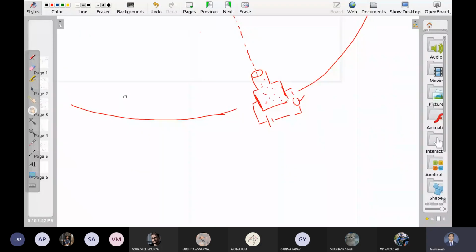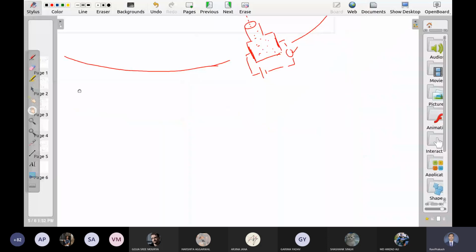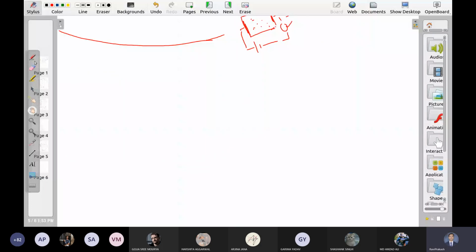So we have a setup like this. We have a sample. Sample means we have a lattice. So let me draw some lattice first. Okay.